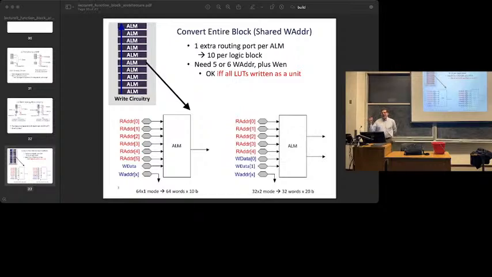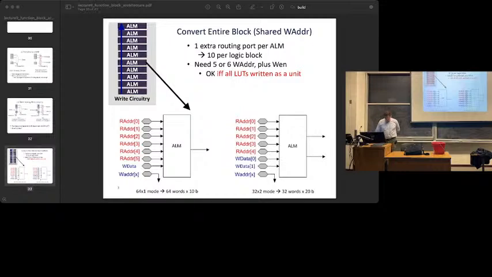They're not all writing the same bit into their storage, so you still need one input per 5-LUT or 6-LUT. So that's 10 inputs though, if I have 10 6-LUTs. And then I also need to have a write address. So let's say I'm doing the 6-LUT mode. I need 6 bits for that, but I'm going to do that just once for the whole logic block.